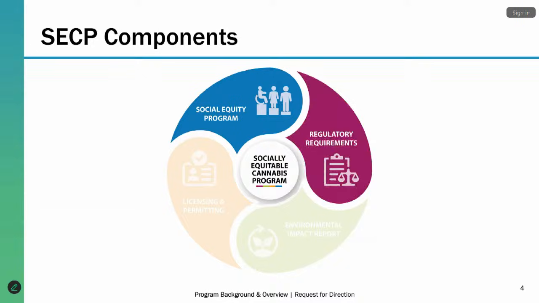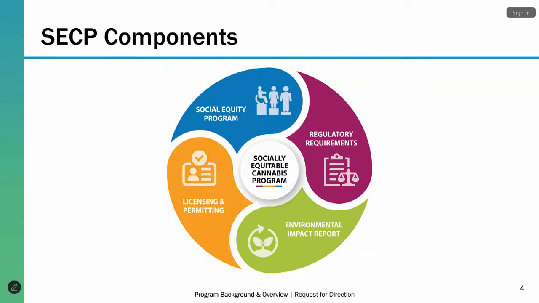The second component, proposed regulatory requirements, are revisions to the county's regulatory code and zoning ordinance, which specify where cannabis facilities can be located and how they operate. The third component is the Program Environmental Impact Report, or PEIR. And the fourth component includes developing procedures to issue the licensing and permits to run a cannabis facility.